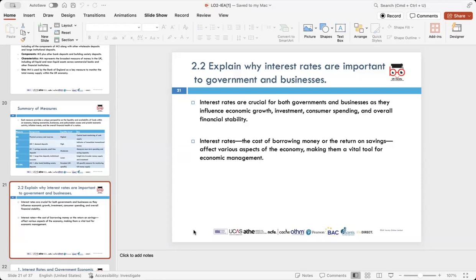On the other hand, when interest rates are lower, borrowing money is cheaper, which encourages investment, spending, and economic growth. Governments use interest rates as a part of their monetary policy to regulate the economy, while businesses must carefully monitor these changes to make informed decisions about loans, investment, and pricing strategies.